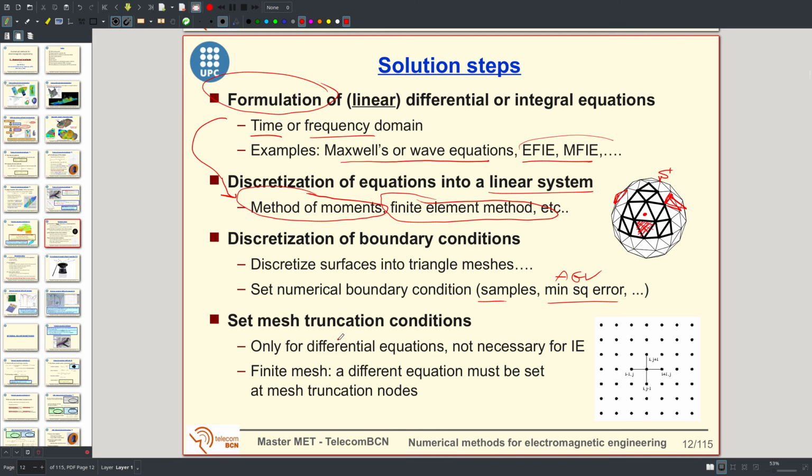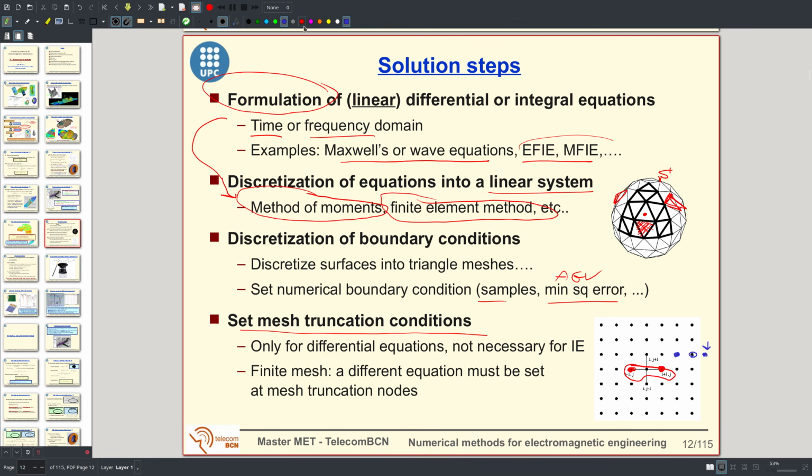But in the case of differential equation methods, you also have to set mesh truncation conditions in the linear system. More about this later. I don't want to dedicate time to this here, but you must be aware that when you discretize the differential equations into finite differences, and you subtract one sample at the left from one sample at the right, if you want to compute the approximation at a point, you need one sample more.